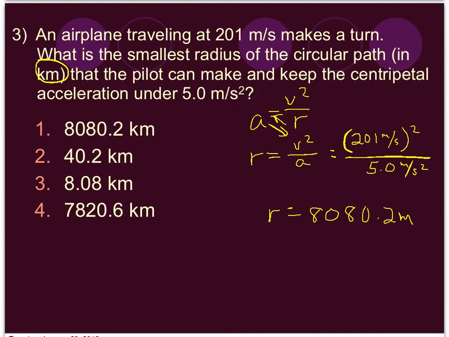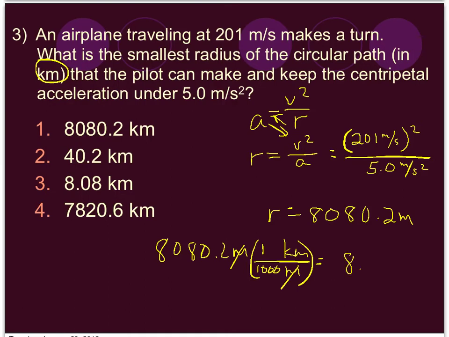But we want this in kilometers. So remember, when we're going from meters to kilometers, we need to divide by 1,000, which moves your decimal 3 places to the left. So we're going to end up with 8.08 kilometers.